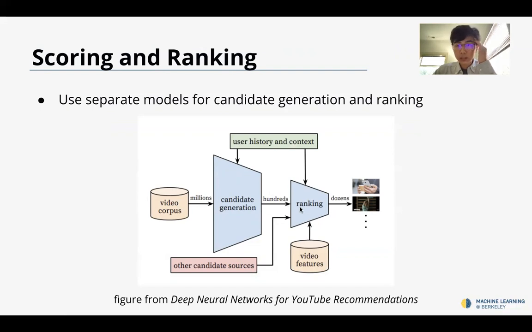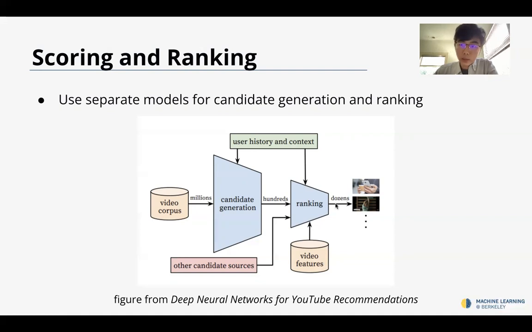Because if you wanted to rank all of them, you'd have to send millions of videos through a neural network every time a new user wants to get recommendations. So they first send it through a candidate generation system that uses k-nearest neighbors to extract a few hundred videos that are then ranked down to a dozen.